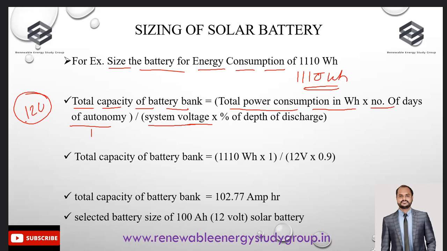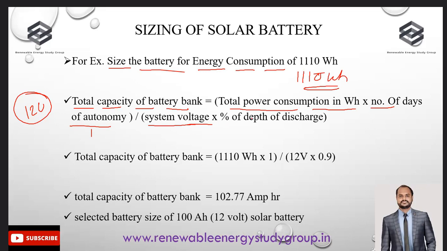Similarly, the voltage from the panel, we can say is closely 12 volt as the rated voltage, because the voltage from the panel will vary depending upon the radiation, but the solar charge controller and battery bank voltage will remain the same, like 12 volt, 24 volt, 48 volt, 96 volt, depending upon that.